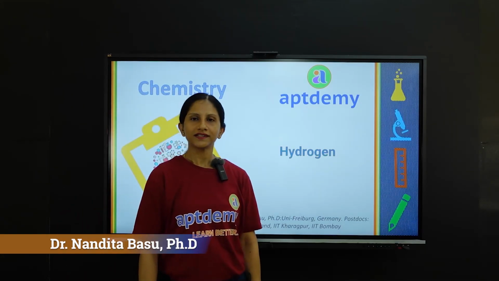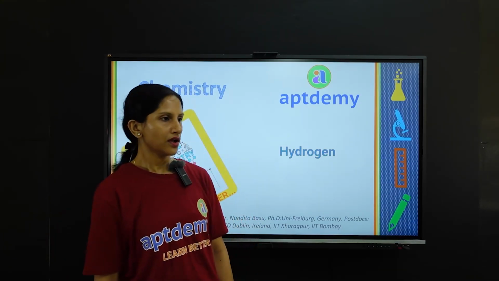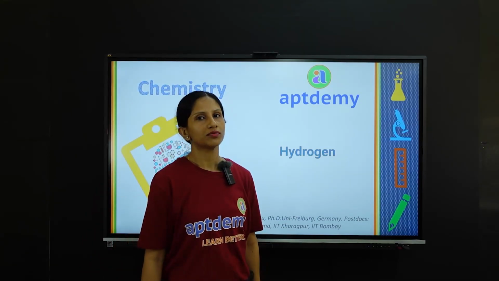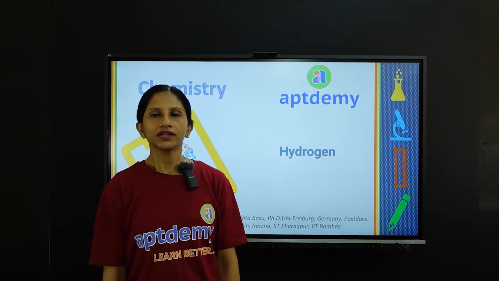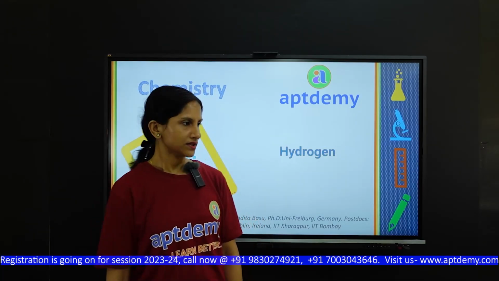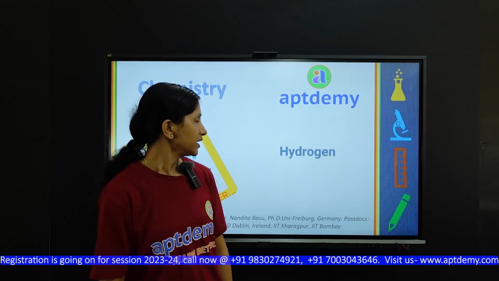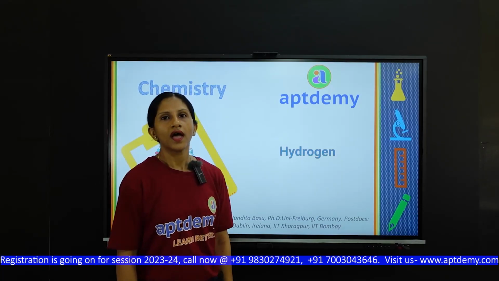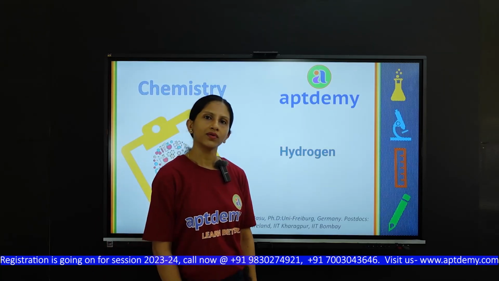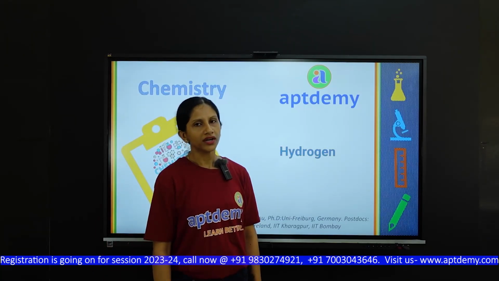But before I start, let's talk a little bit about hydrogen. Hydrogen has the simplest atomic structure among all the elements known to us. In the atomic form, hydrogen has one electron and one neutron.